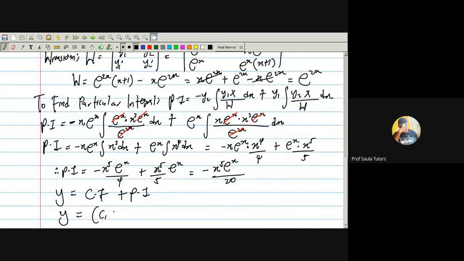Then what's my particular integral? Minus x to the power 5 exponential x all over 20. This is my complete solution.